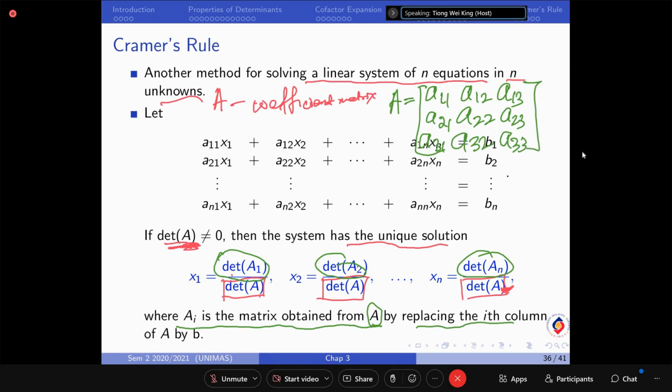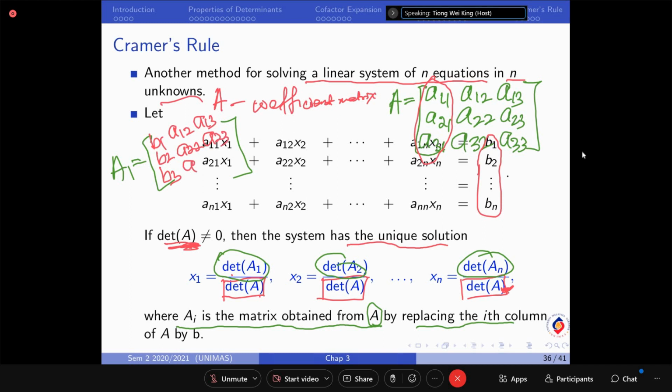Now the matrix A1 is obtained by replacing the first column with B. So your A1, the first column is B1, B2, B3, and then the second and third columns are the same as matrix A: A12, A13, A22, A23, A32, A33.